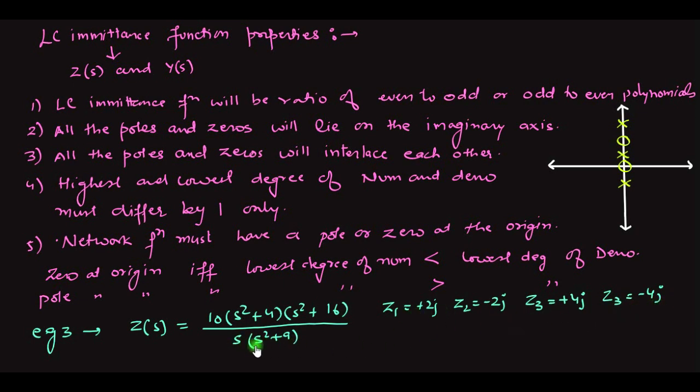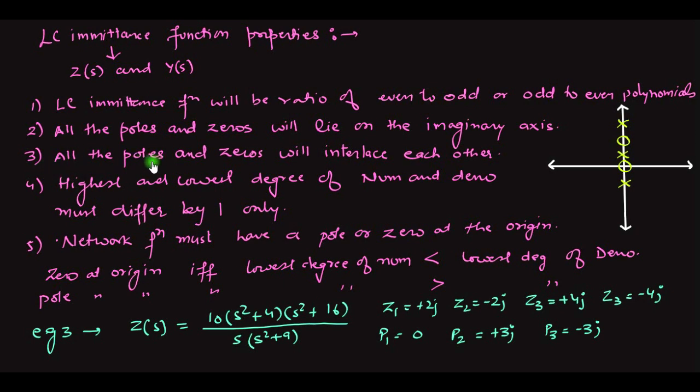Similarly, for the poles, the first pole will be at 0, the second pole at plus 3j, and the third pole at minus 3j. If I plot them, I will see that all the poles and zeros are lying on the imaginary axis. Hence condition number 2 is verified.